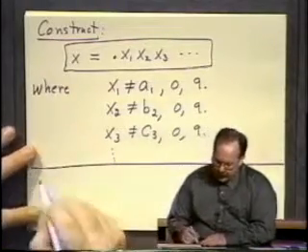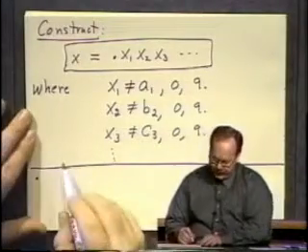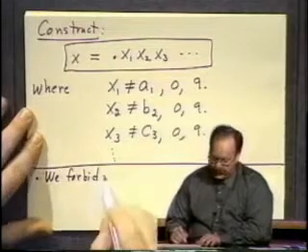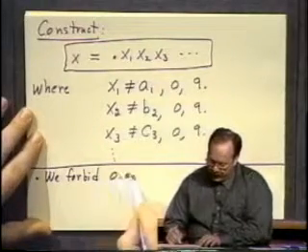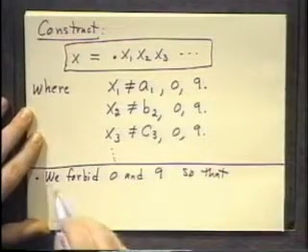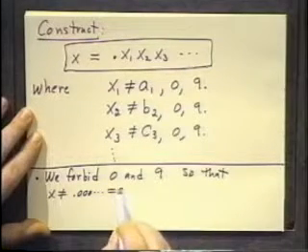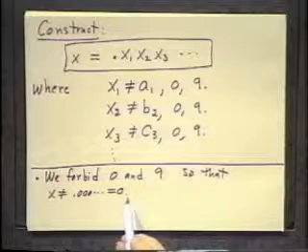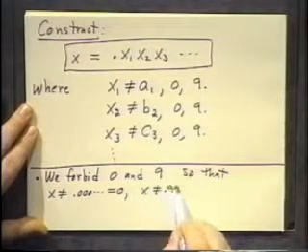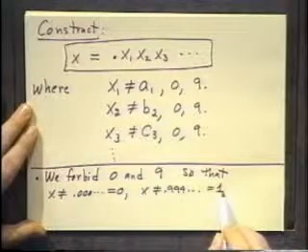Now, let me go ahead and tell you first of all why I am forbidding 0 or 9. We forbid, and I'm constructing this so I can make this any way I want, we forbid 0 and 9 so that, first of all, x will not turn out to be 0.000 out to infinity, which is 0. And 0 is not in the interval, that's one endpoint. Also, we don't want x to be equal to 0.999 out to infinity, which of course is equal to 1, and that's another endpoint.